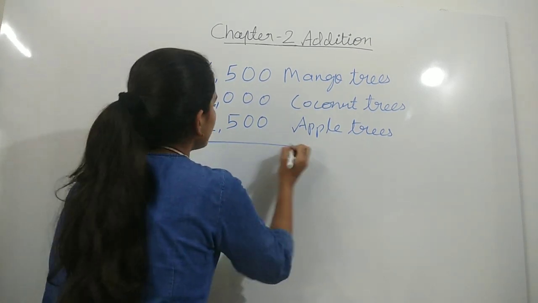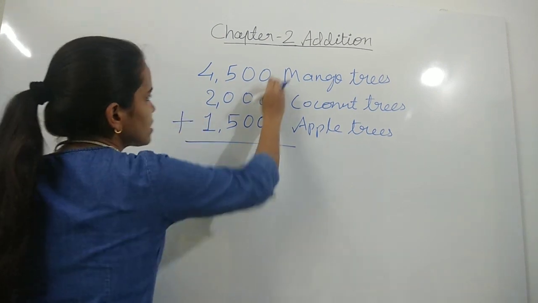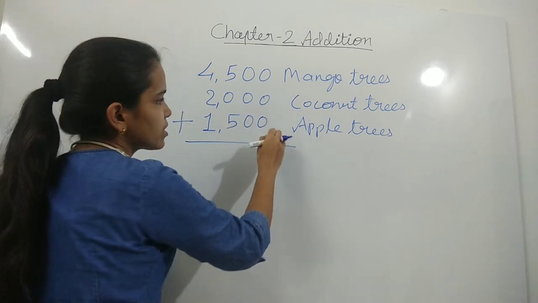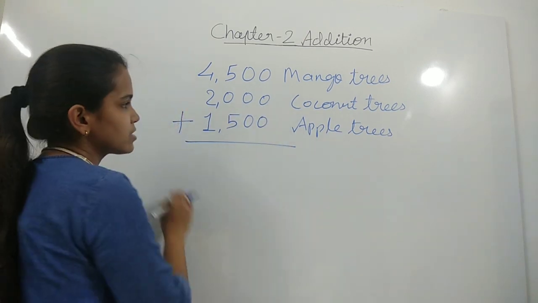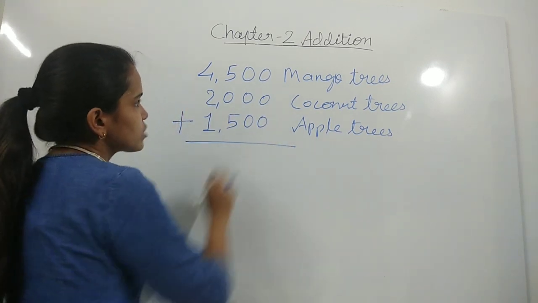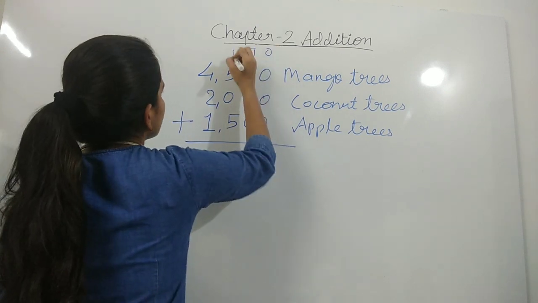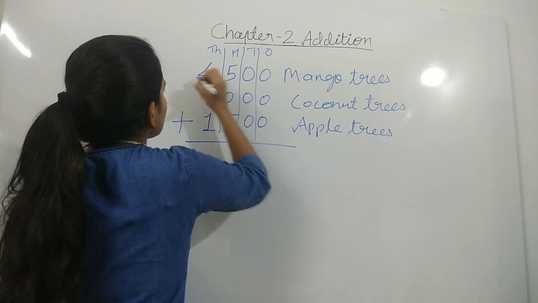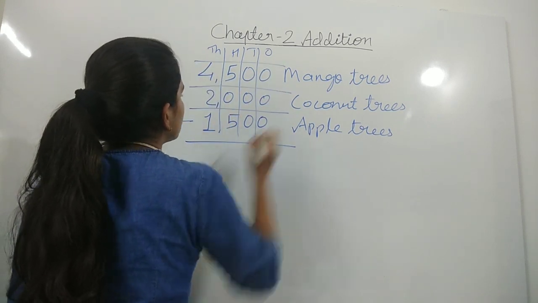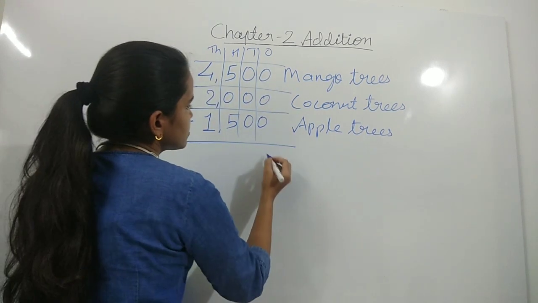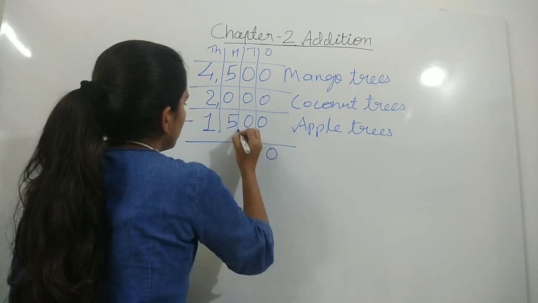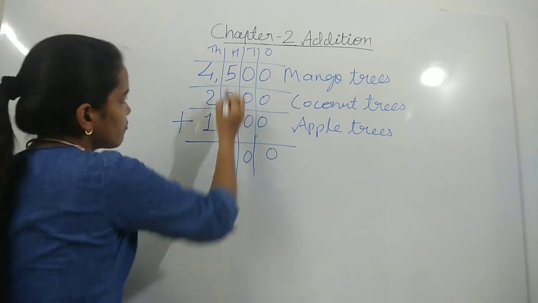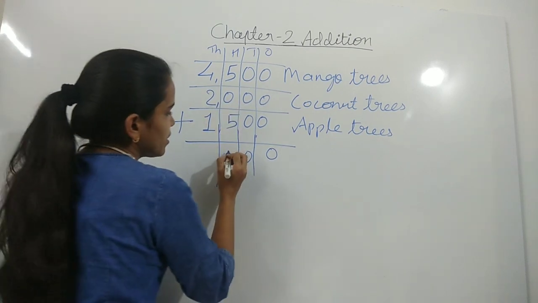What we will do? We will add. Okay, total trees we have to find. So we will add the mango trees with the coconut trees and with the apple trees. So we will get the total trees in the garden. So start adding the ones place, tens place, hundreds place, and thousands place. Okay, 0 plus 0 plus 0, 0. 0 plus 0 plus 0, here also 0. 5 plus 5, that is 10.